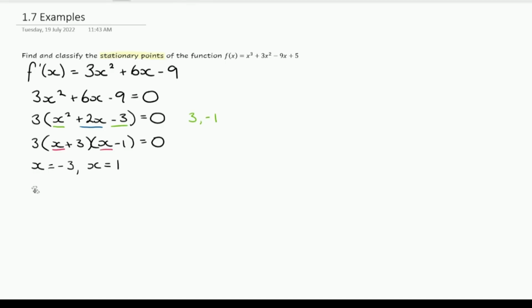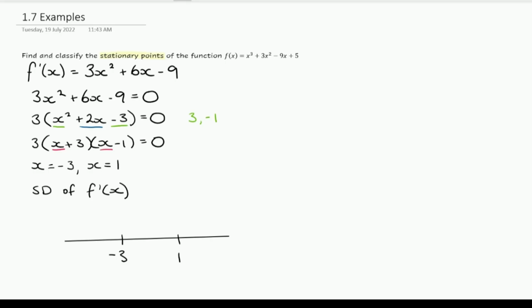So my sign diagram of my derivative. I'm going to rule a nice straight line, and I'm going to place both of my numbers onto this sign diagram. So minus 3 is going to come here, and my 1 is here.